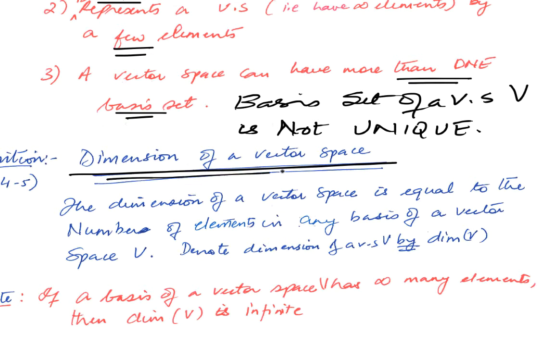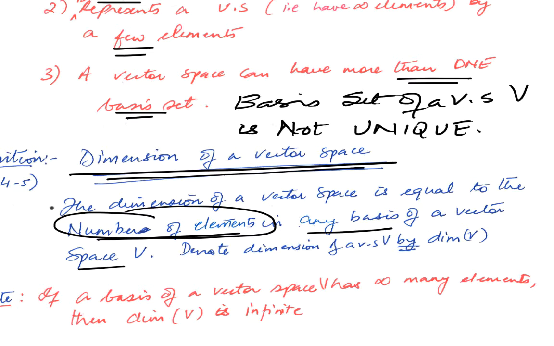A dimension of a vector space, guys, is equal to the number of elements of any basis of a vector space V. So that means no matter how many basis sets we have, there's going to be one important commonality between each of these basis sets of a vector space, and that is every basis set of a given vector space will have the same number of elements. And this dimension of a vector space is denoted by dim V.